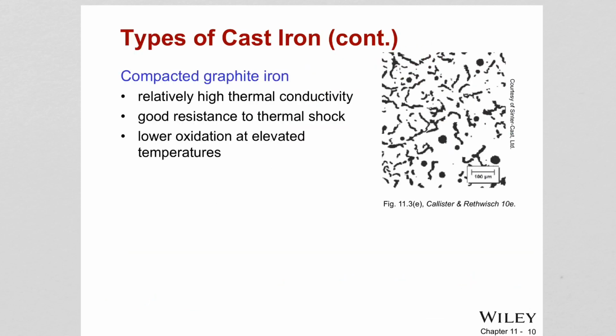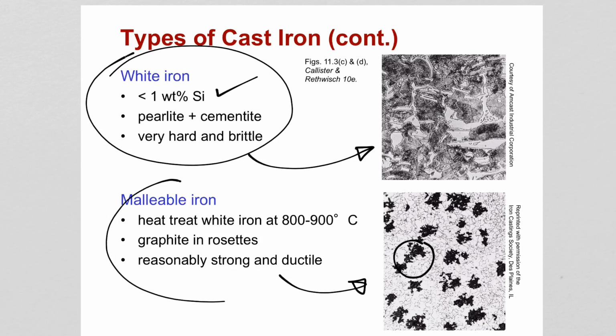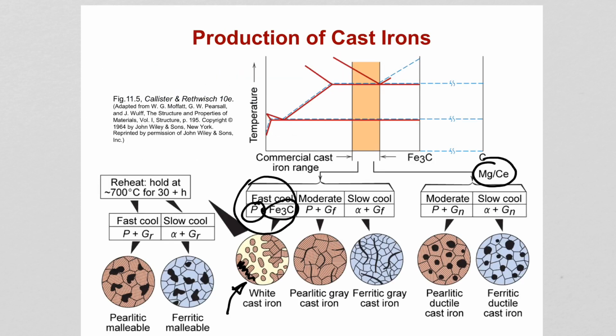So if we take a look at this, graphite exists as clusters as we see, but the background, the white region, can be ferrite, alpha ferrite, or pearlite, depending on what type of properties you want from that material.